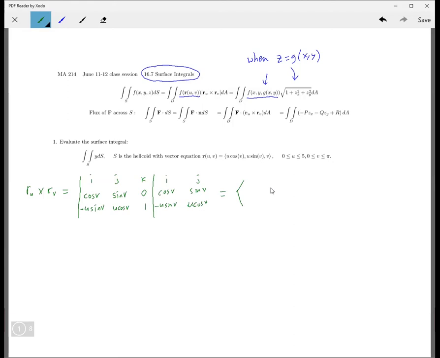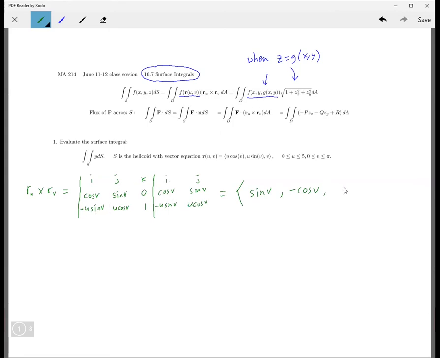So you have i times this, so that's sine v, but then you have this going back this way, you got the 0, so that's 0. So that's your i component. Now your j component will be this times that, which is 0, minus this, so that's minus cosine v. Then your k component is going to be this times this minus that times that.